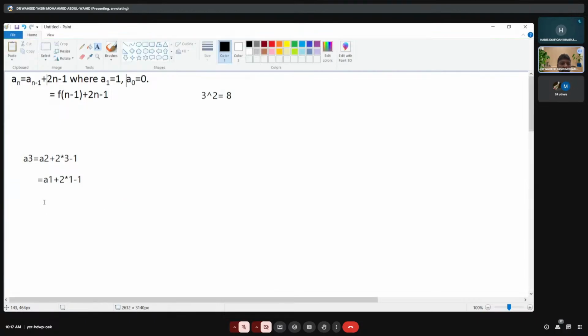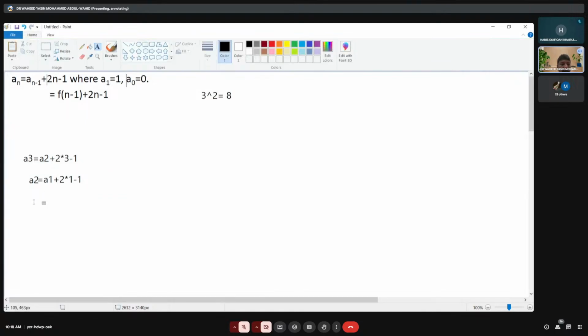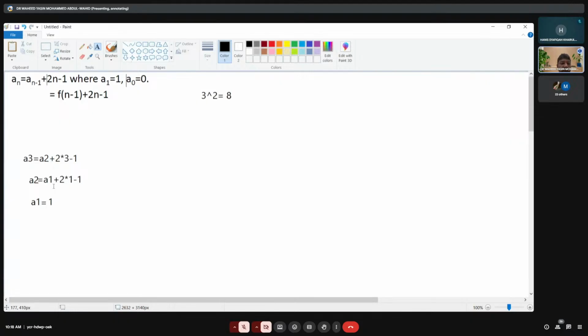A1 equal to 1. Here A3, A2, here we call A2, then A1 equal to 1. So now we replace here.